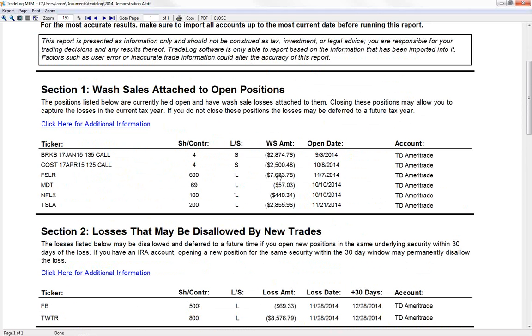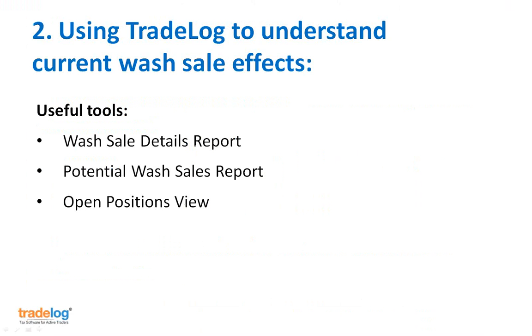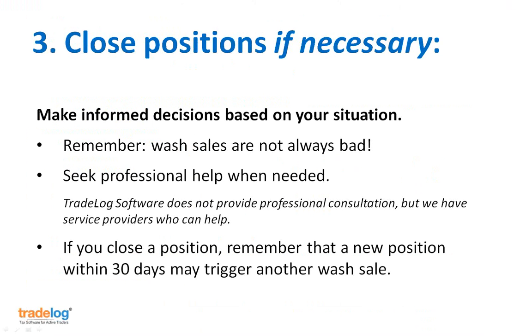With that information, coupled with the understanding of where I stand, my taxable gains and losses, we can go back to step number 3, and that is closing positions if necessary. So we have the information. Now we make decisions based on that information.